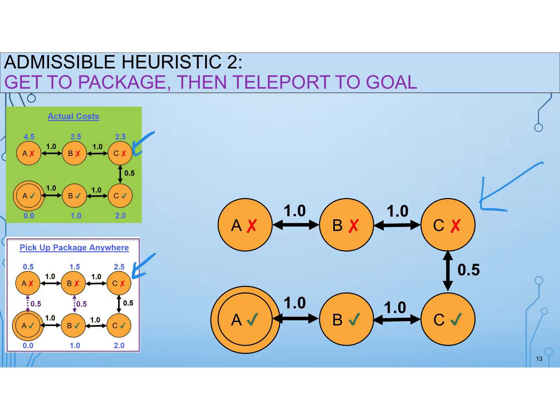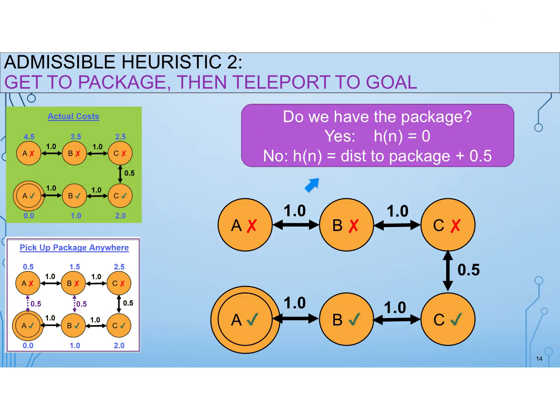So for example, if I were at state C and I have the package, then I can teleport to A for a cost of 0. And if I'm at state B and I have the package, I can teleport to state A at a cost of 0.